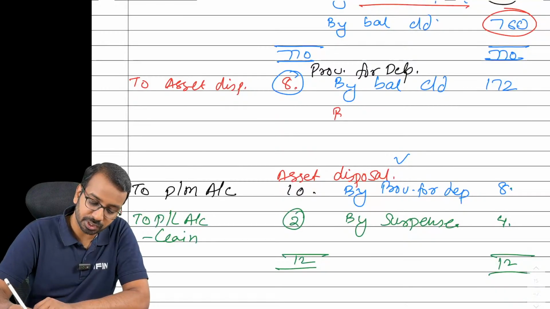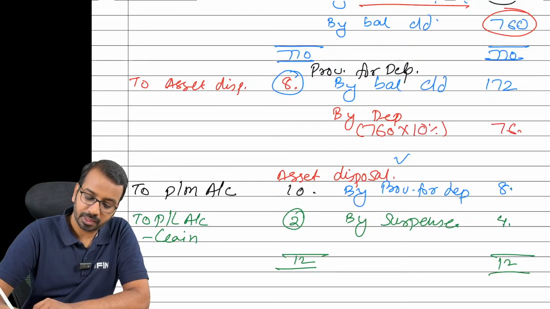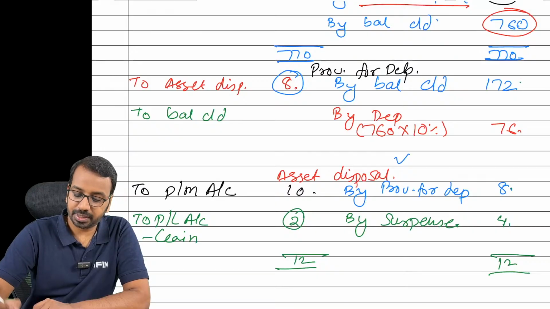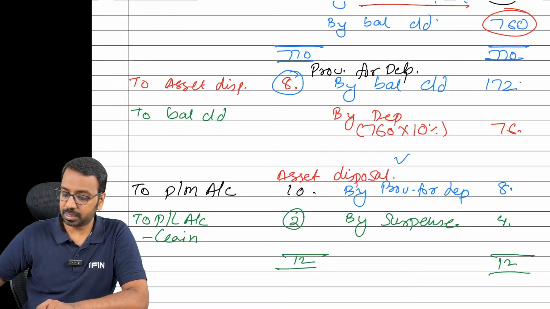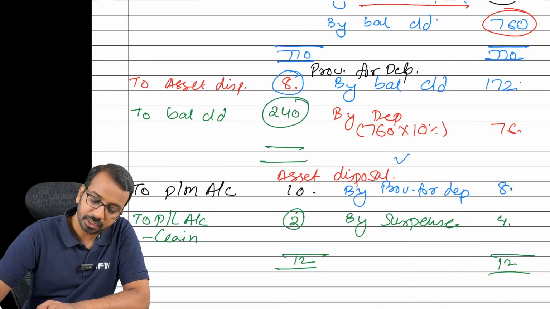In the provision for depreciation account, you will say by depreciation 760 into 10%, that is 76. Okay. So to balance carried down is how much? 172 plus 76 minus 8, 240. Balance carried down is 240.